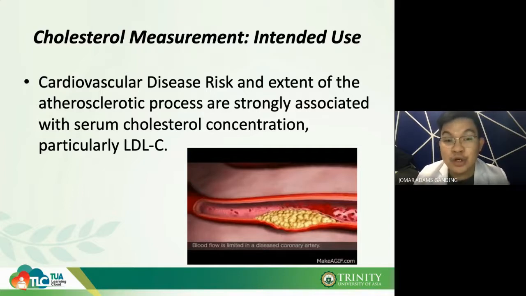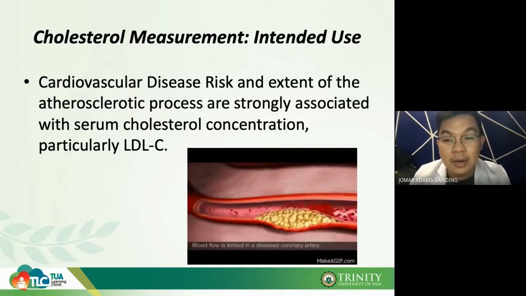But your cholesterol actually does not require it. I have to clarify this because most people, and even in the laboratory, mistake cholesterol to be a fasting exam or a fasting analyte. But in reality, it is not.